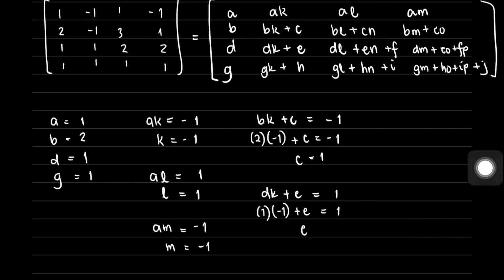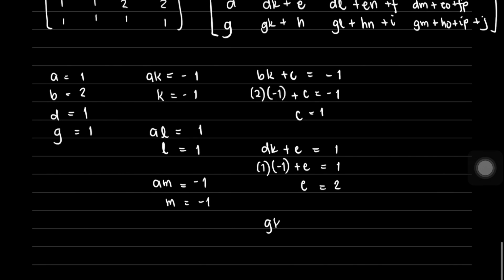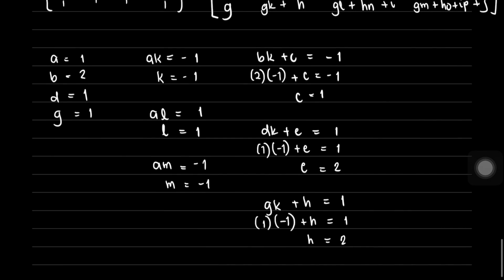So e would be equal to 2. Alright? So for gk plus h, that is equal to 1. The value of g is 1, the value of k is negative 1, and then plus h, this is equal to 1. So basically h is equal to 2. Negative 1, if we transpose negative 1 to the right side, we have 1 plus 1. So that's equal to 2.